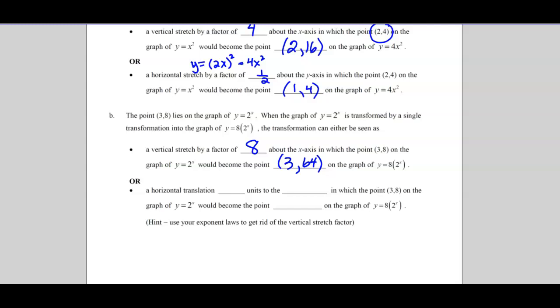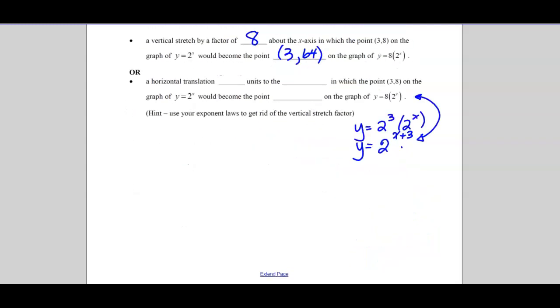Exponent 3. I'm just going to put it underneath here. y equals 2 cubed times 2 to the x. And then using your grade 9 power laws, that's 2 to the x plus 3. Okay? That function is the same as this one, just a different way of showing it.